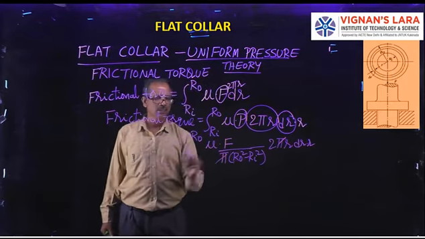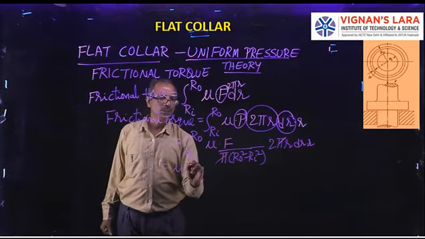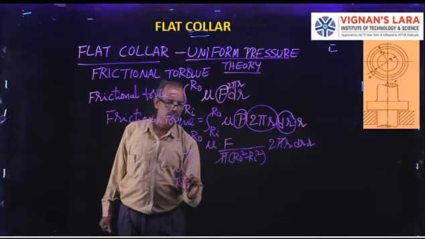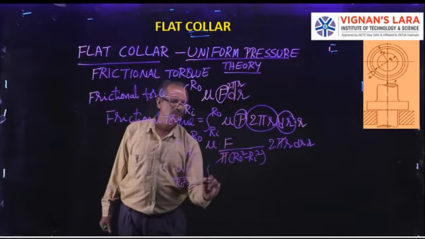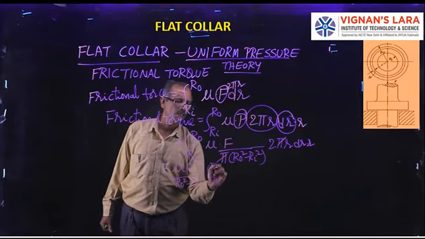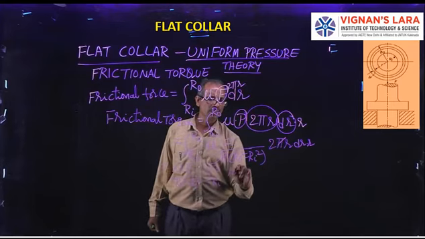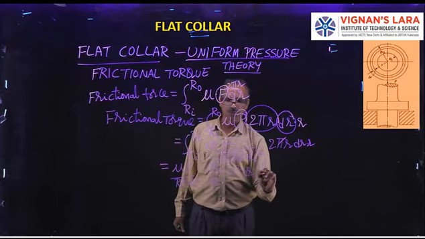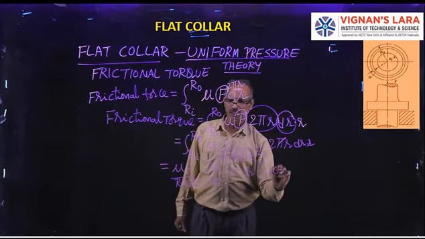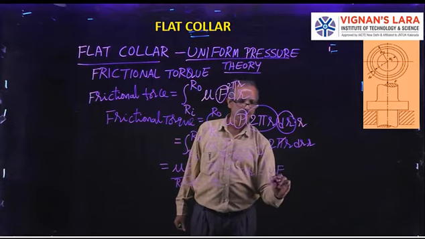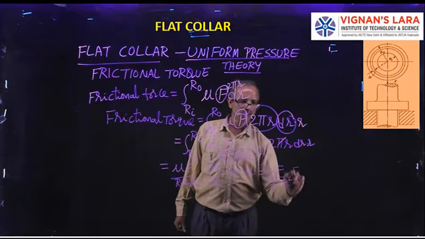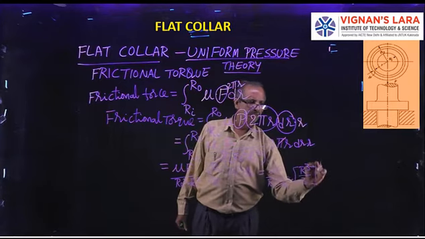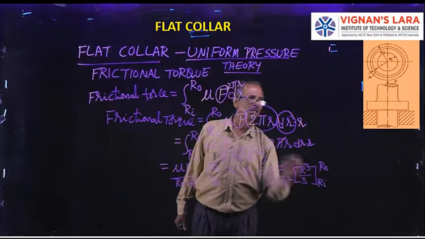I will take this as mu F by r naught square minus ri square, integrated from ri to r naught of r square dr. What is the integration of r square? R cube by 3, and let me substitute the limits, r cube by 3 between the limits of r naught and ri.